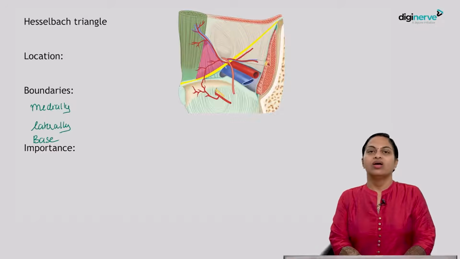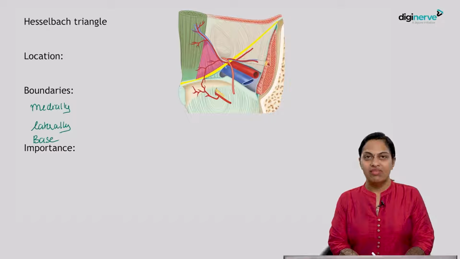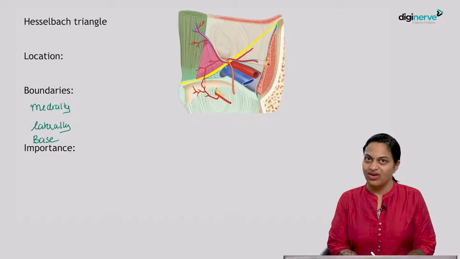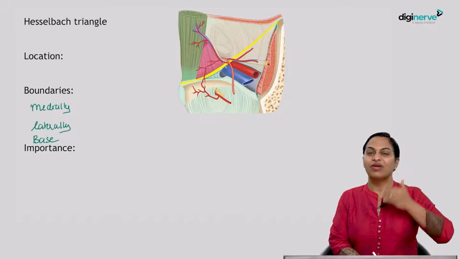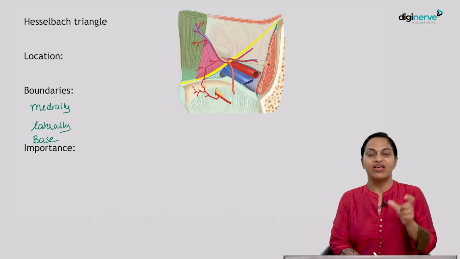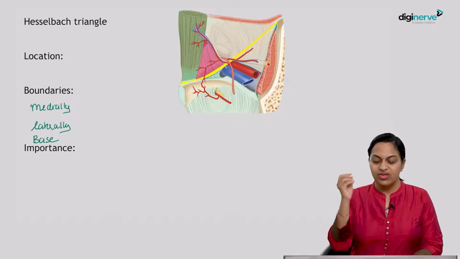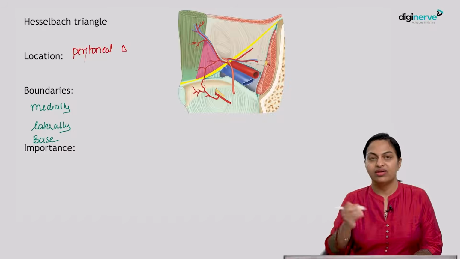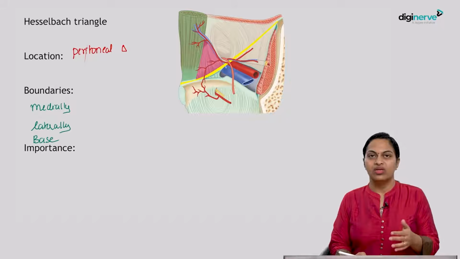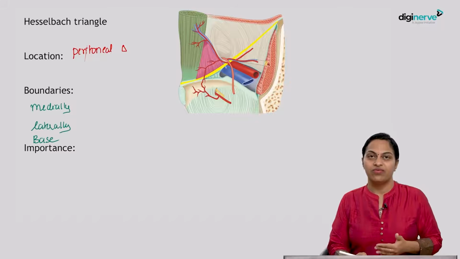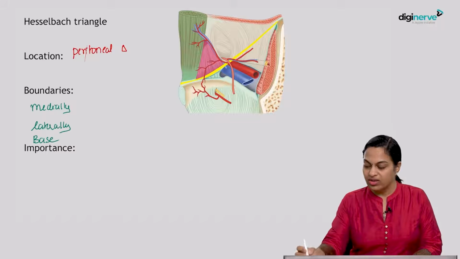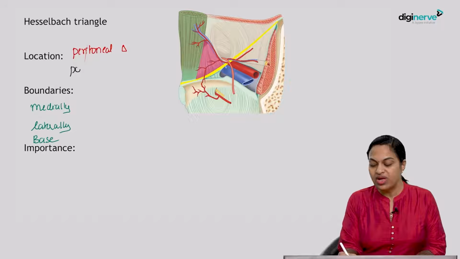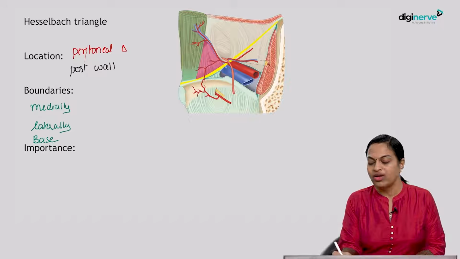Okay. Moving on to a very important landmark on the inner aspect of the anterior abdominal wall, Hesselbach's triangle. It's a very high yield topic, right? So this Hesselbach's triangle is a peritoneal triangle, and we can see it, as I told you, on the inner aspect of the anterior abdominal wall, over the posterior wall of the inguinal canal.